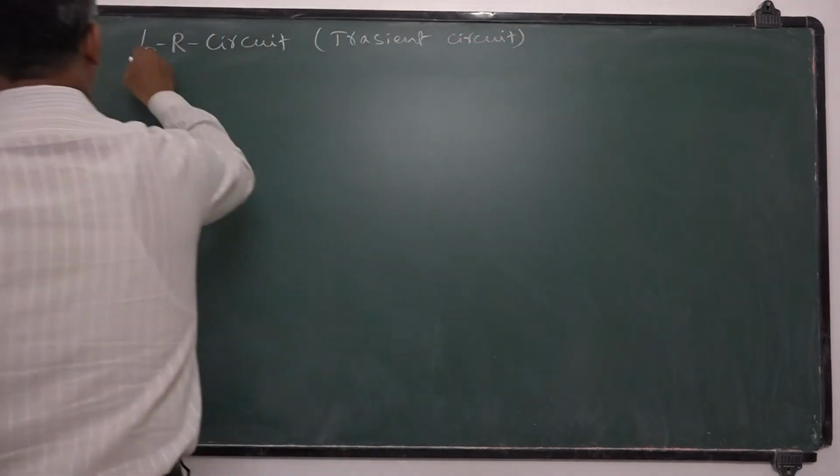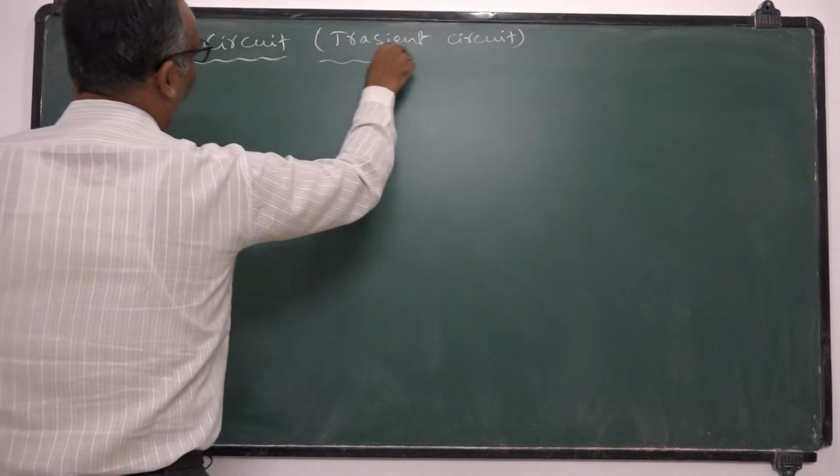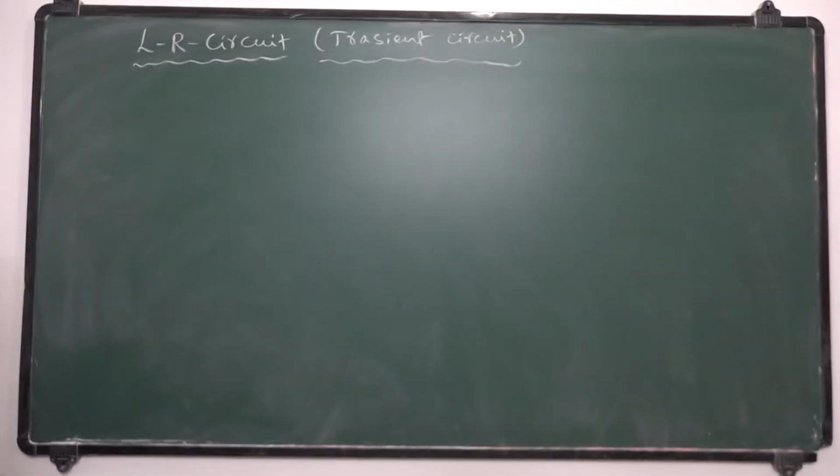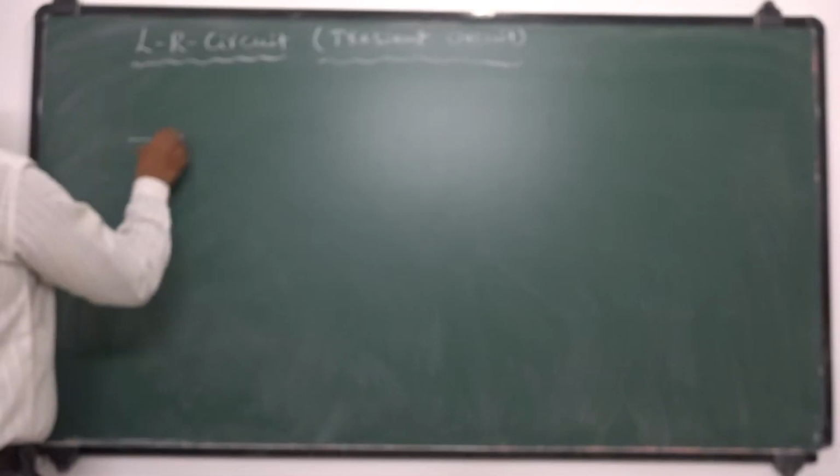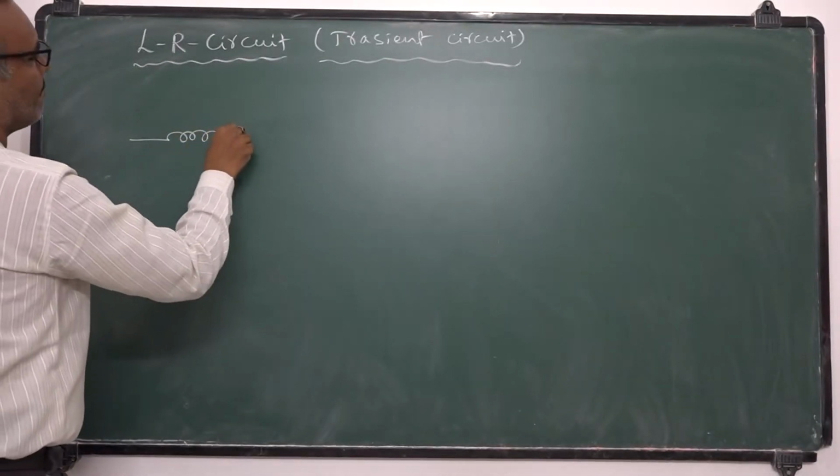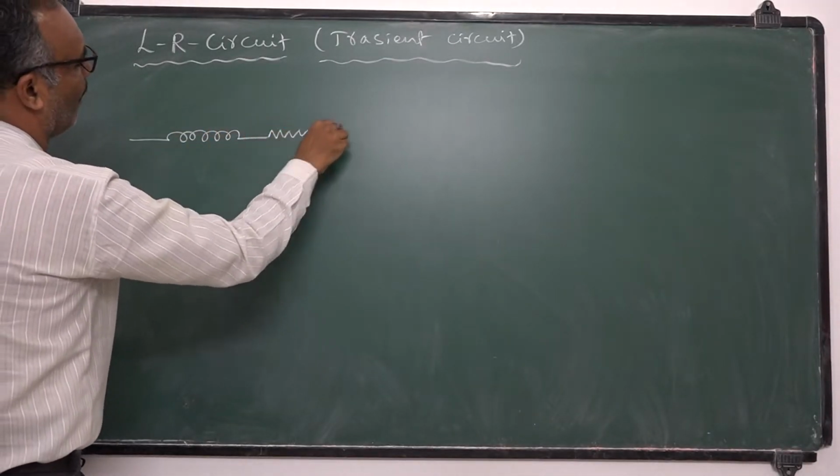Today we are going to understand the behavior of current in this LR circuit. Let me take a circuit consisting of both an inductor as well as a resistor. This is an inductor, this is a resistor.